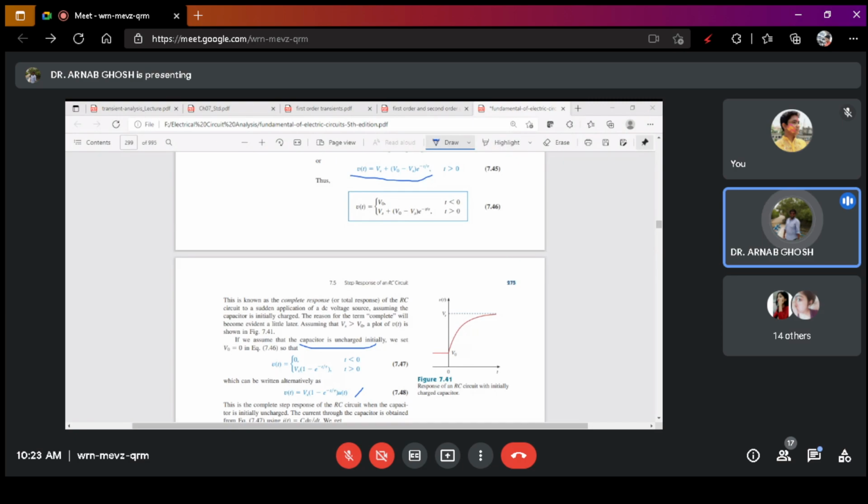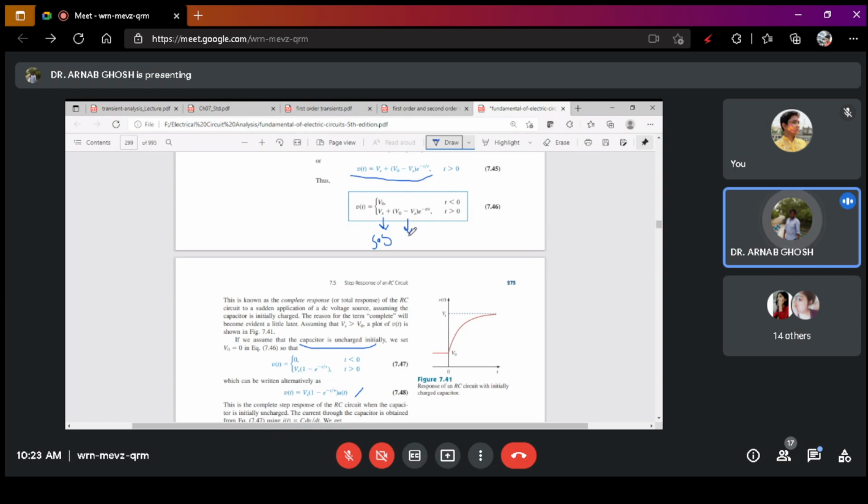Okay, this is the forced response. This is your steady state part. What is steady state? That is a fixed value that is not dependent upon time, and this other part is the transient state.